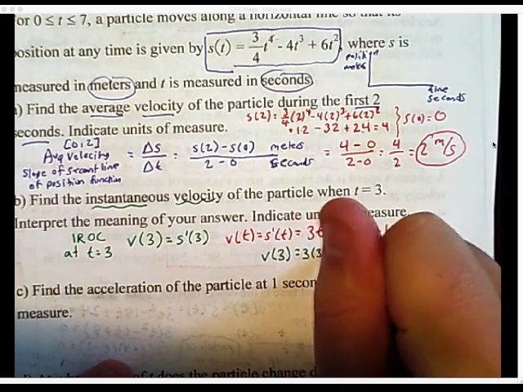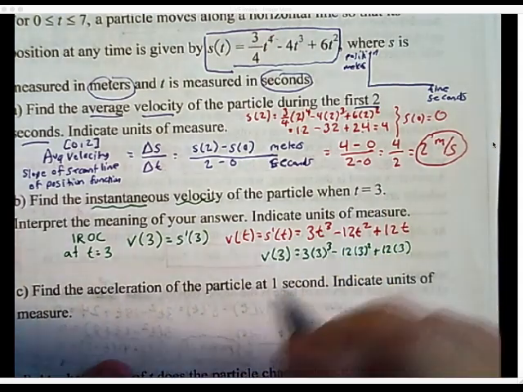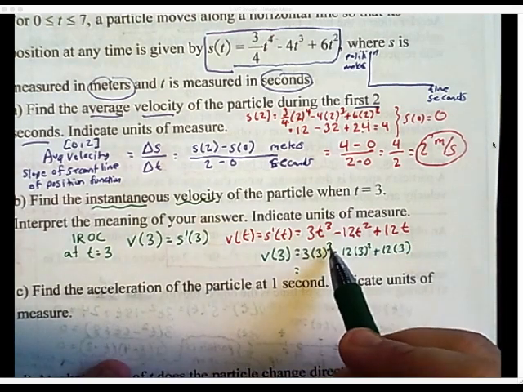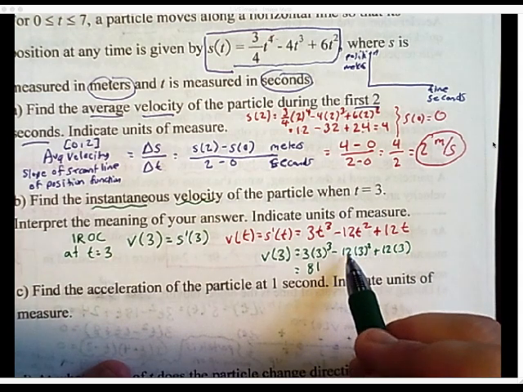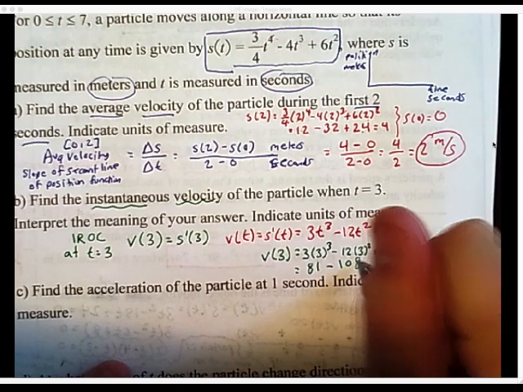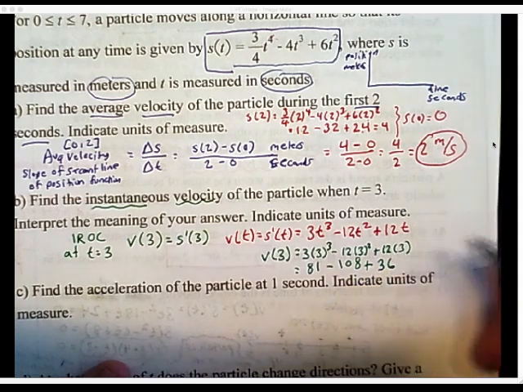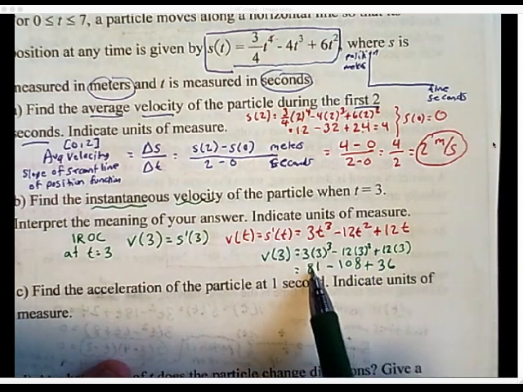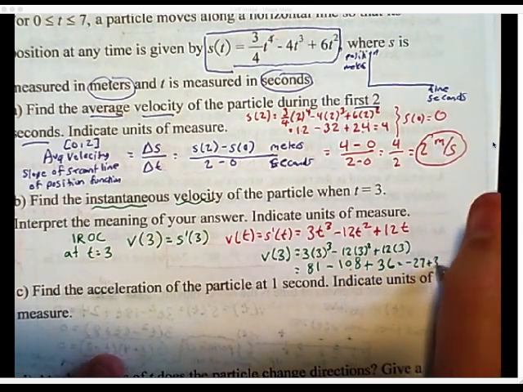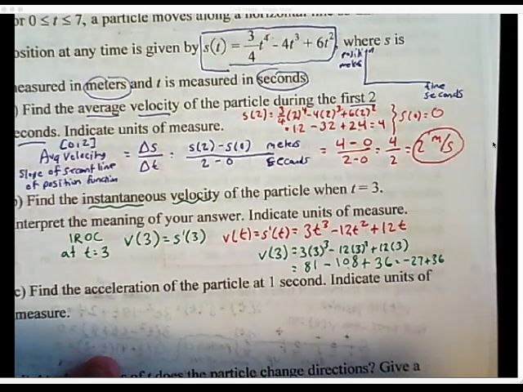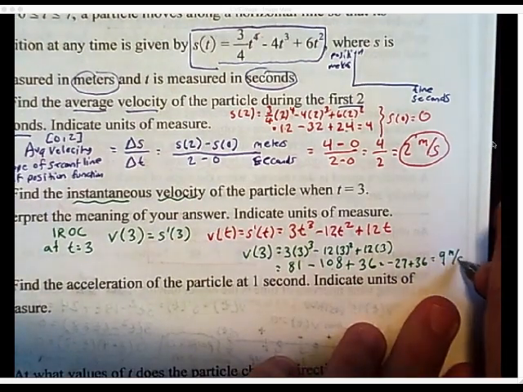So 3 times 3 cubed minus 12 times 3 squared plus 12 times 3. 3 cubed is 27 times another 3 is 81. 3 squared is 9 times 12 is 108, so minus 108. 12 times 3 is 36. 81 minus 108 is negative 27, and negative 27 plus 36 is 9. The units here, since it's a velocity, would be meters per second.